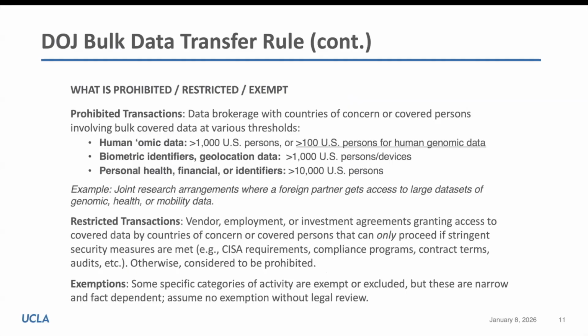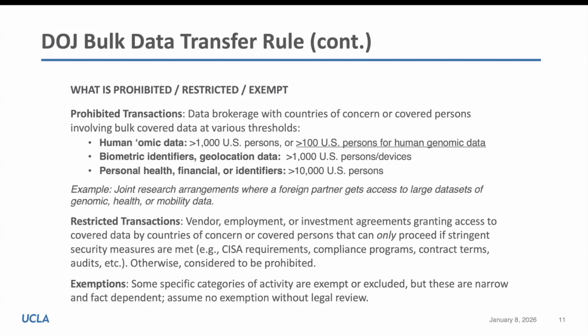So this is where there's a lot. I think this is the busiest slide probably, and I apologize for that, but this is where things start to get very messy with the rule. It's like a lot of other rules that are issued, very detailed. There's a lot of definitions. There's a lot of specific sorts of transactions that are called out and specific data that's called out at different thresholds, which we'll talk about here.